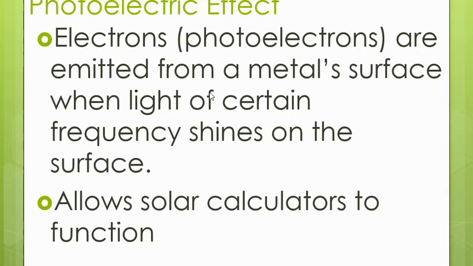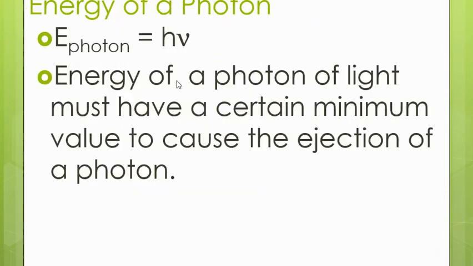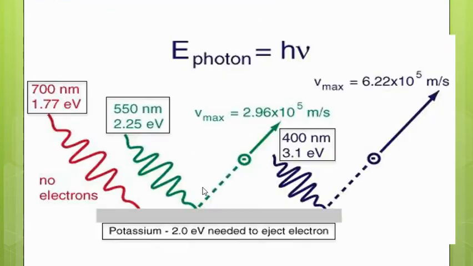Photoelectrons are emitted from a metal surface when certain light shines on it. That's what allows our solar calculators to work. Light comes in, hits a metal in your calculator, and causes electrons to pop off of here that have energy. Then that energy is captured and used as electricity to fuel your calculator. The energy of a photon has to have a minimum value in order to make that happen.